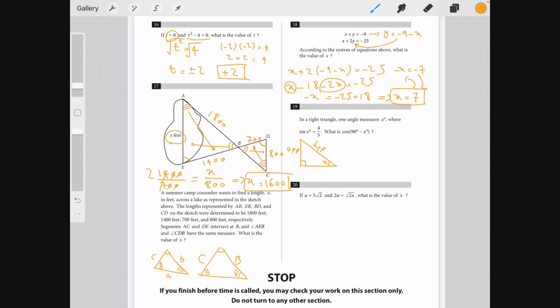So basically it means the opposite is 4, hypotenuse is 5. Now, we need the cosine. So we know the cosine is equal to adjacent over hypotenuse.